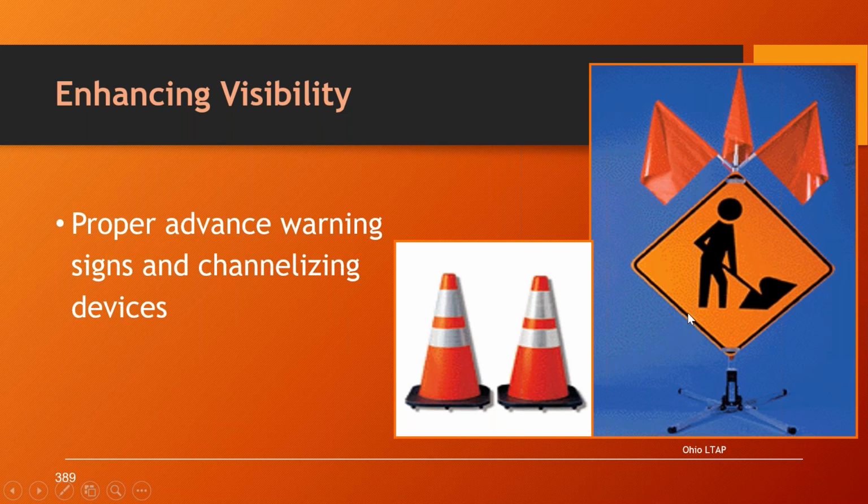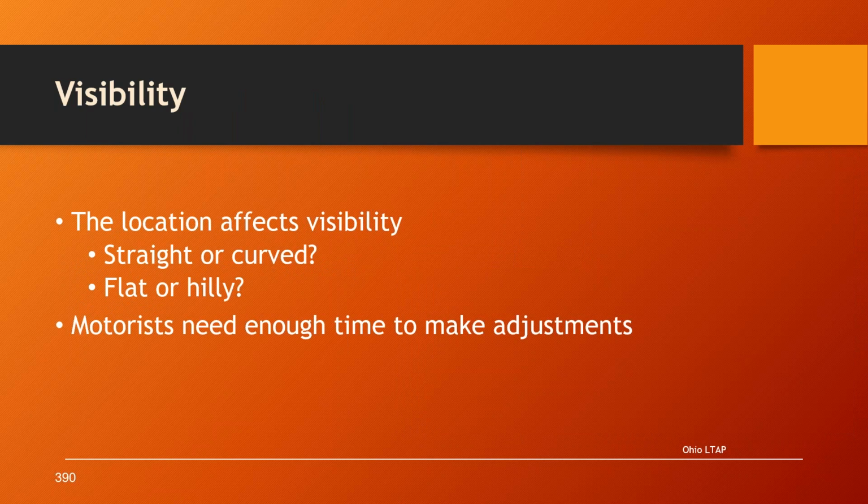And then the sign on the right here on the slide shows a man with a shovel. That lets people know that there's some pothole patching going on. And so we especially need to consider the visibility when we're dealing with curved roadways or hilly roadways, because we have to consider that the motorists need enough time to make adjustments.